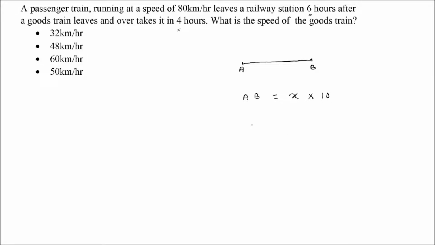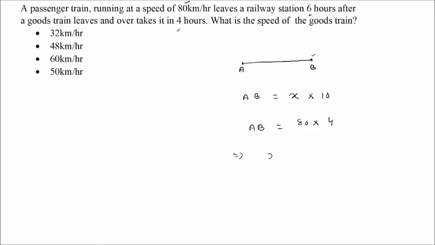Then the same distance is travelled by the passenger train. Its speed is given as 80 km per hour, and it reaches the point of overtaking after 4 hours. That means 80 into 4. Now these two distances are the same.